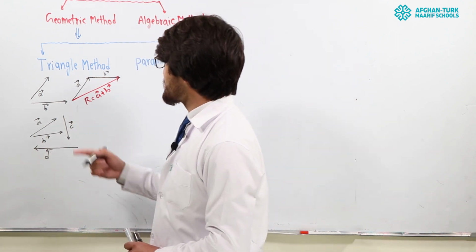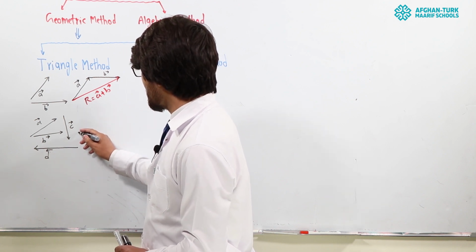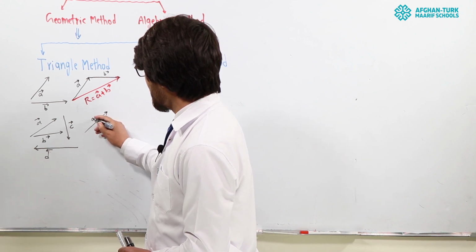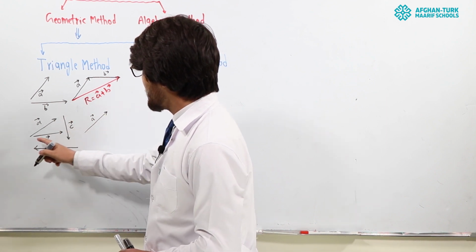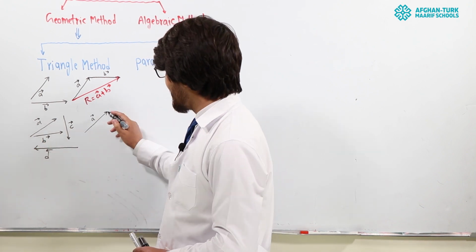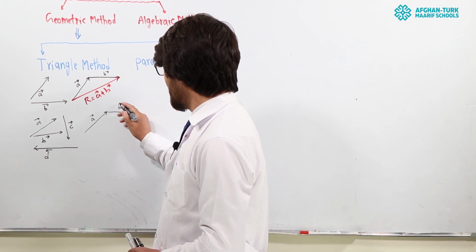How to draw? Okay, first we carry vector A to a new place, and then we join the start point of vector B to the end of vector A. It is vector B.